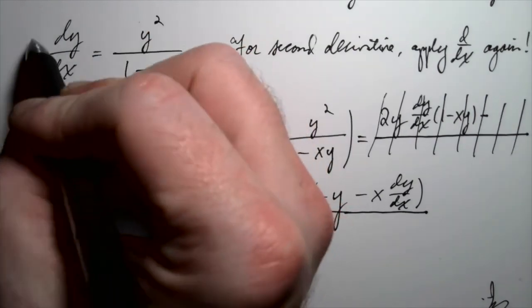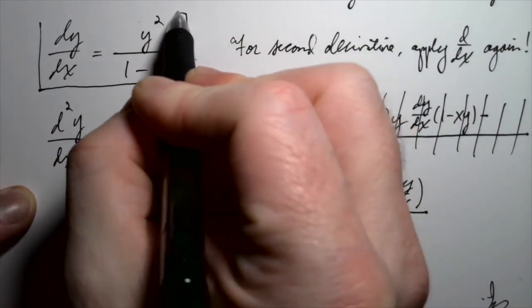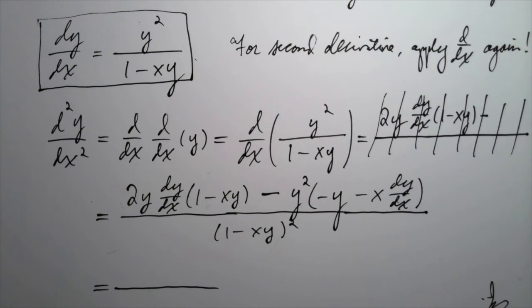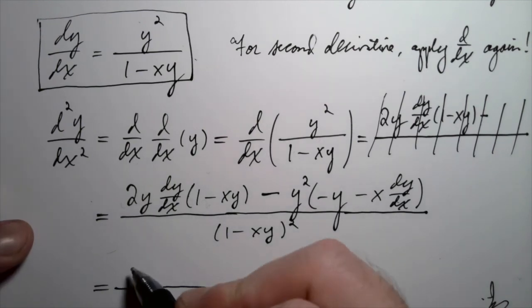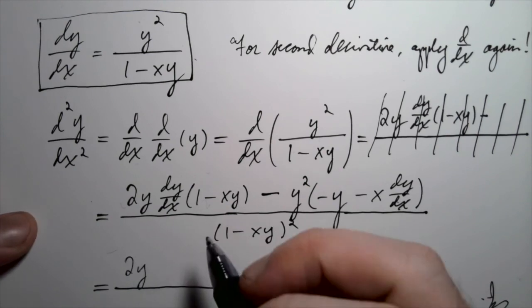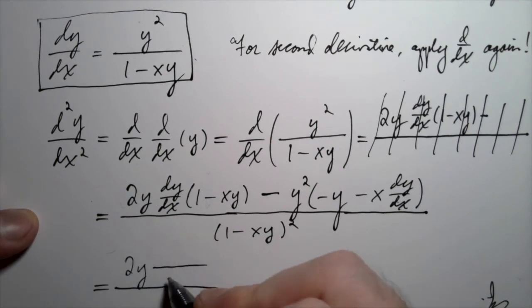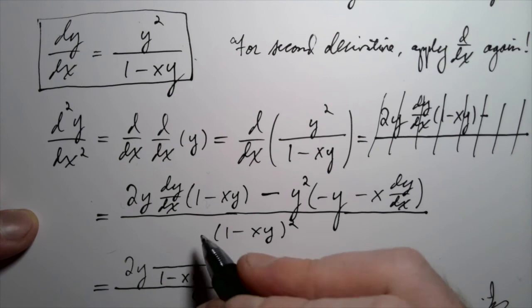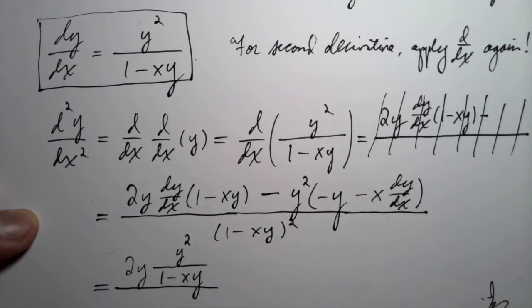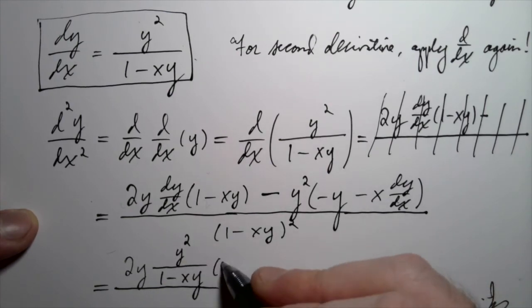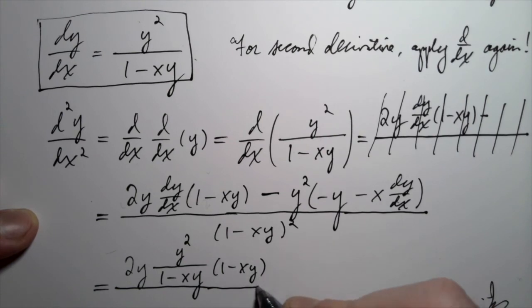We just found a formula for dy by dx. There it is. So I'm going to sub in that formula for dy by dx down below. Here's what I mean. Instead of writing dy by dx, I'm going to sub in y squared over 1 minus xy.